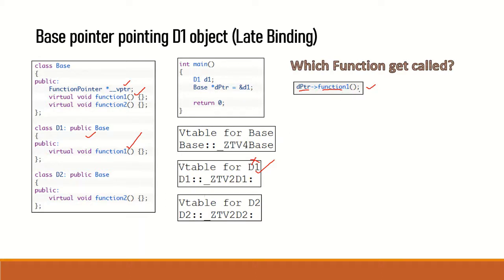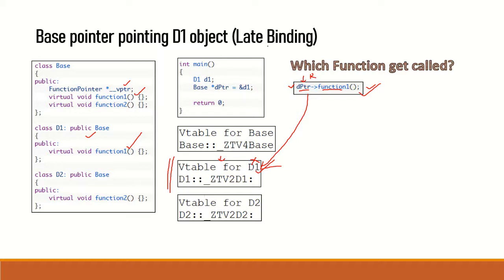To resolve this function call, the compiler needs to use the information of the virtual table. Without seeing the virtual table, this function call cannot get resolved. This is the reason we also call the virtual table a lookup table. And this is the reason that when calling a virtual function using a pointer, the function call gets resolved at runtime.